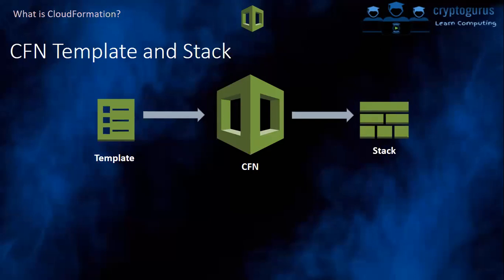That is the difference. One more time: the template is where we write what we want, and the stack is the group of resources mentioned in the template, which are there on AWS.